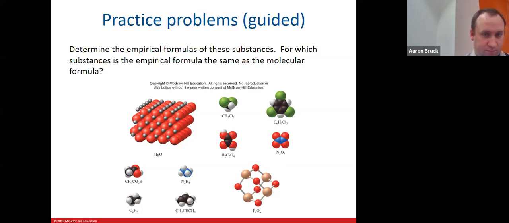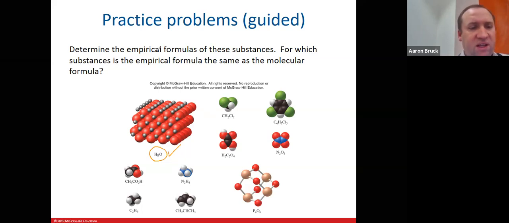So I look at HgO. HgO exists in a 1-to-1 ratio already. I can't reduce it further. It's going to be the same as empirical or molecular.